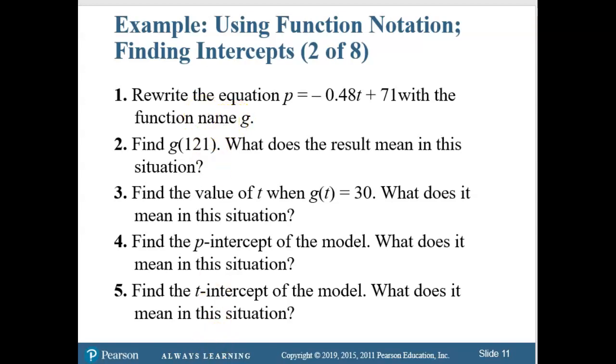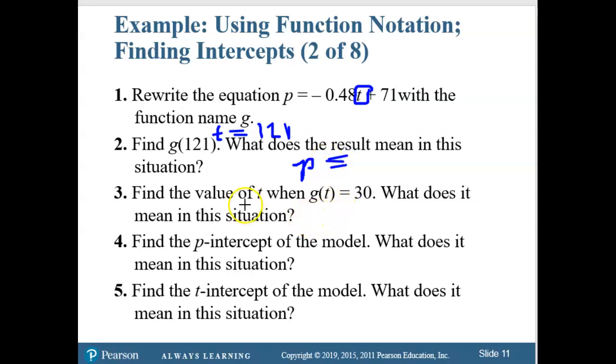So in our writing, T is equal to 121. So we know in the equation, that's where T is. So that's where you're going to substitute 121. And your answer should be in the form P equals.